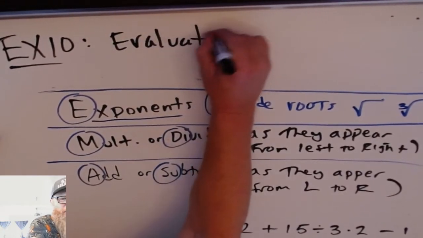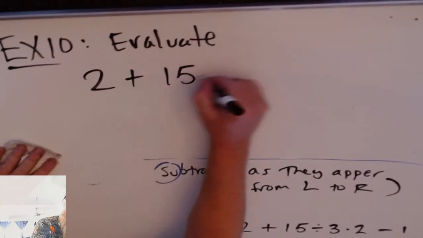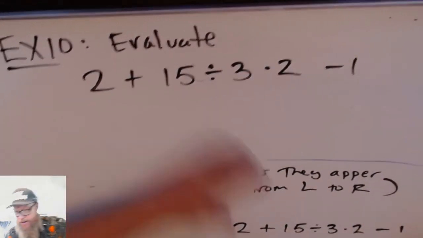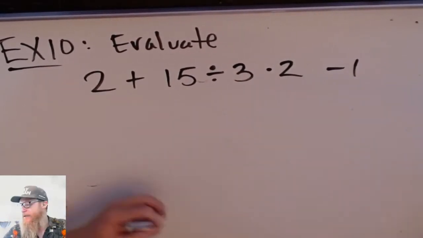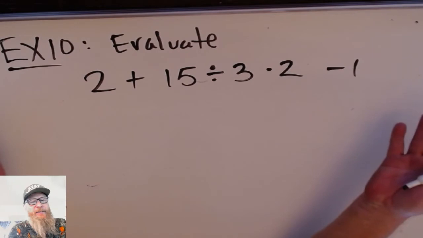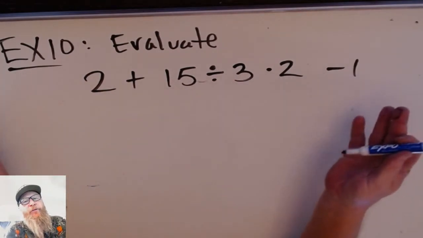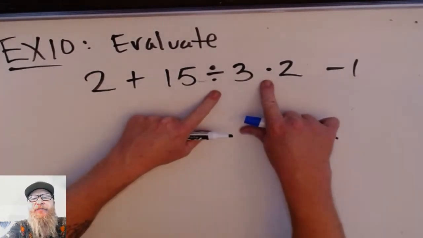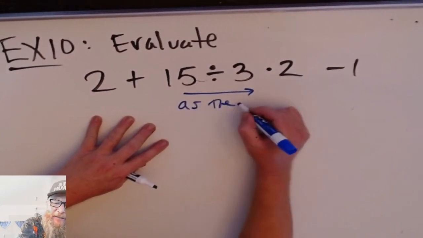Evaluate 2 plus 15 divided by 3 times 2 minus 1. I think that's what it was. So what are you going to do? There are no parentheses, so we'll skip that. There are no exponents, so we'll skip that. Now, multiplication and division as they appear from left to right.